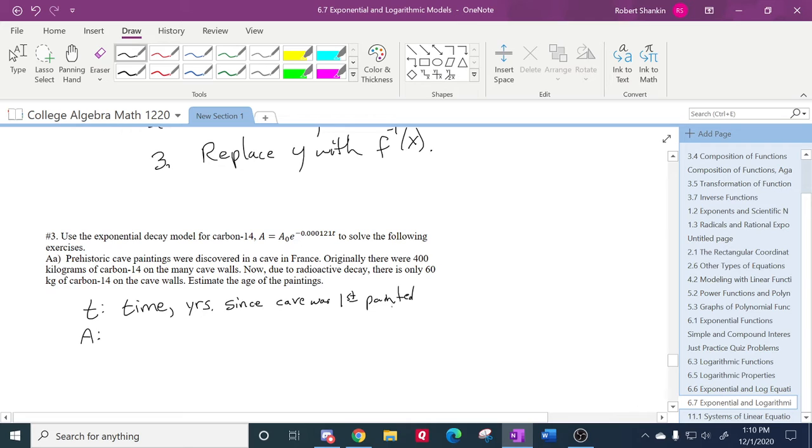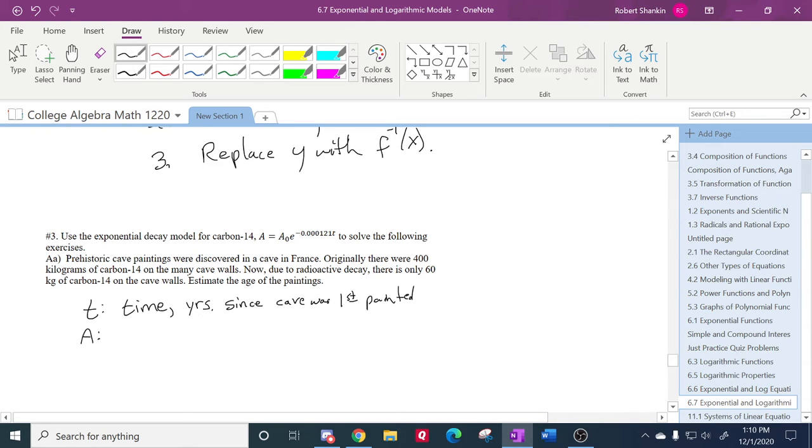Years since cave was first painted, because when it's year 0, we don't know what year that was, but the full amount of carbon-14 will be in the paint. Carbon-14 is something that is in a whole lot of substances, and lots of living things have some carbon-14 in them.